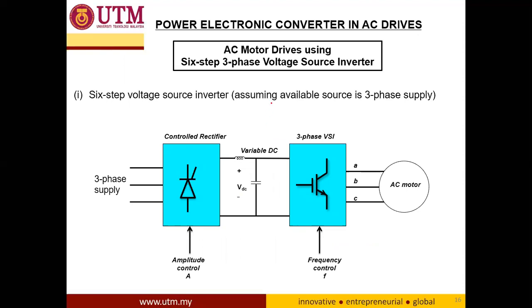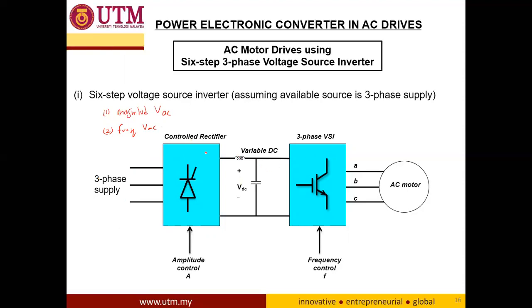Okay, so right now, please be noted that to control the speed, the first one is the magnitude, V AC, and the second one is the frequency of the V AC. As you can see here, for example, we have a 3-phase supply. With this one, you cannot control the frequency and the voltage magnitude. So you need to convert into DC first, because you are using the inverter here.